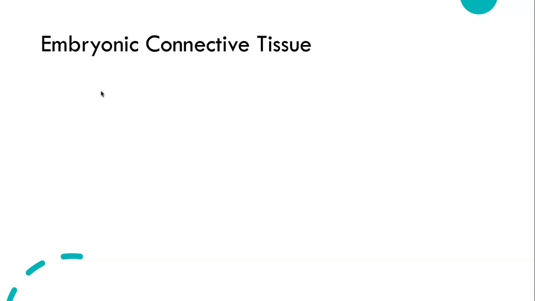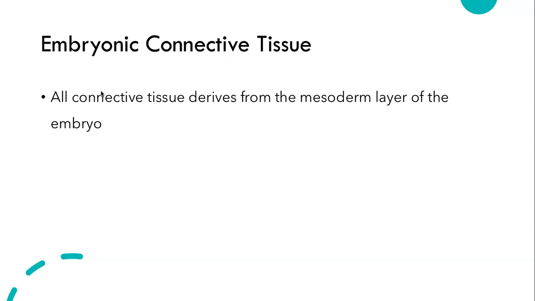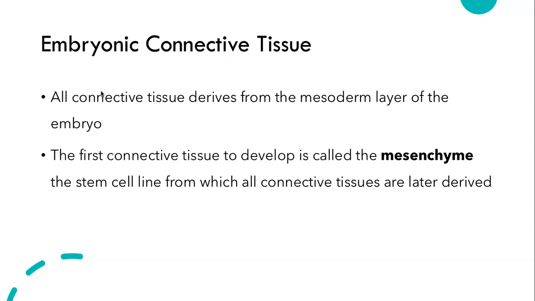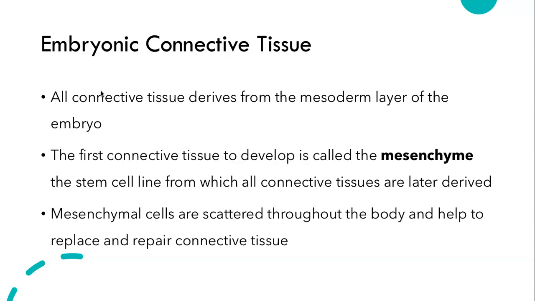Let's talk about the embryonic form of where this connective tissue comes from. All connective tissue derives from the mesoderm layer. So remember, we have an endoderm, an ectoderm, and a mesoderm, and all connective tissue comes from the mesoderm layer of the embryo. The first connective tissue that develops is called the mesenchyme, which is the stem cell line from which all connective tissues are later derived.